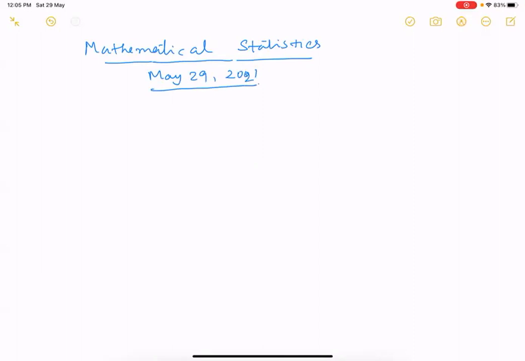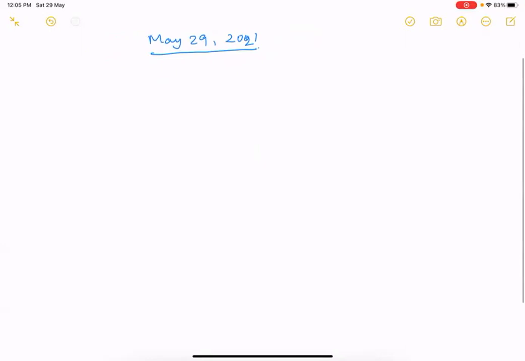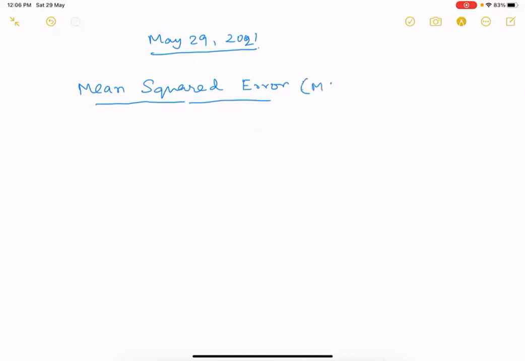All right. So we will start with the idea of mean squared error. One of the very popular notions, not only in statistics, also in the domain of machine learning. So we will spend a little bit of time on this.